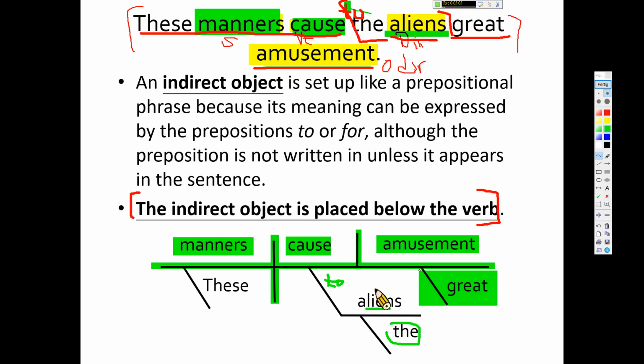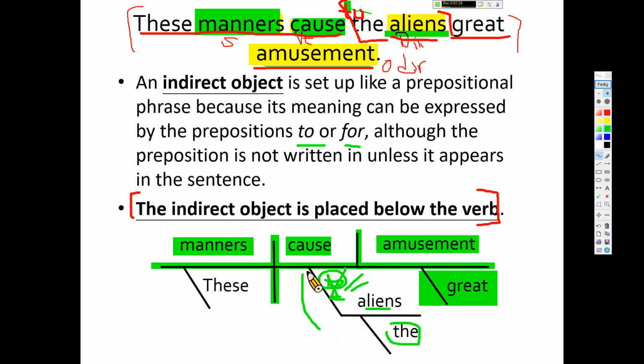But in this structure, we do not have to write it. However, the meaning of "to" is here. We omit it, we don't write it out, but the meaning is the same. It is the preposition here, but the preposition "to" or "for" is omitted.